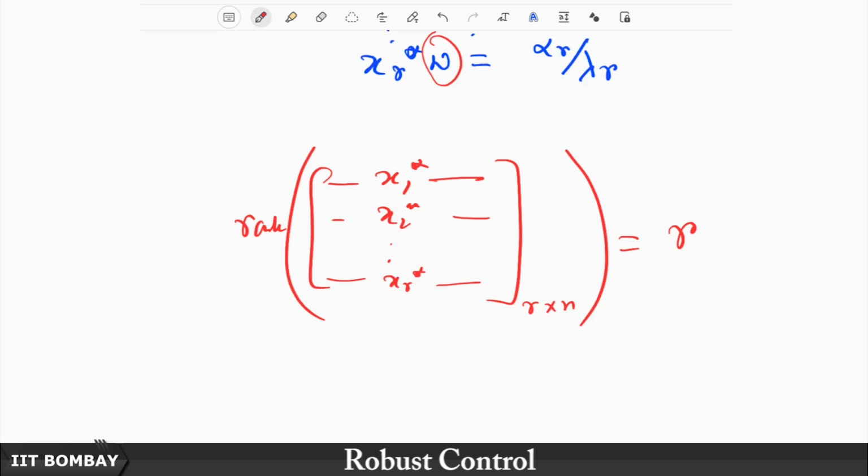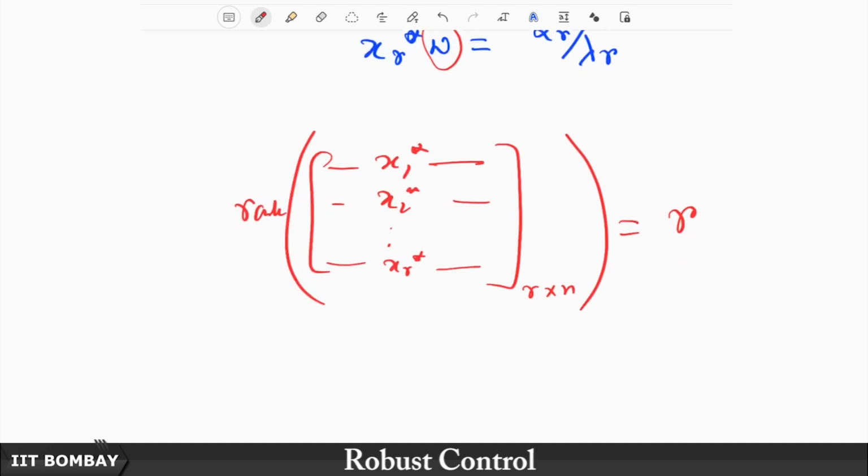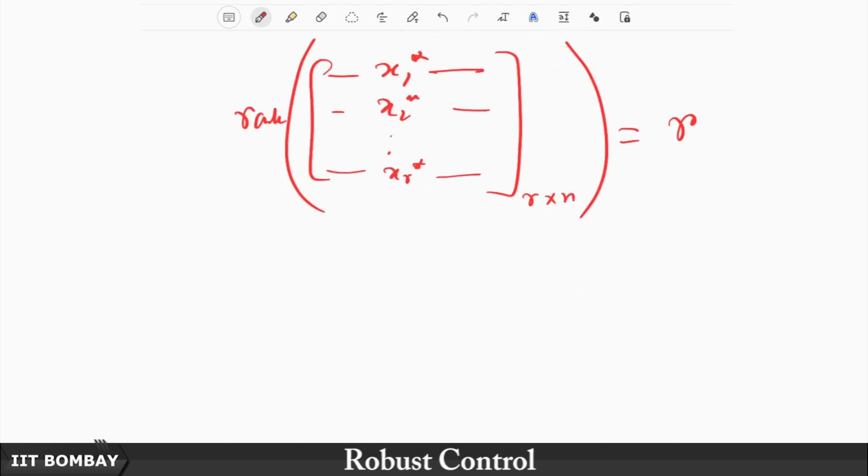So, you want to get some norm minimized maybe, that particular solution which has a minimum norm. Out of all the W's that you can get, you can put in some additional constraint, because otherwise there is a plethora of solutions to this.